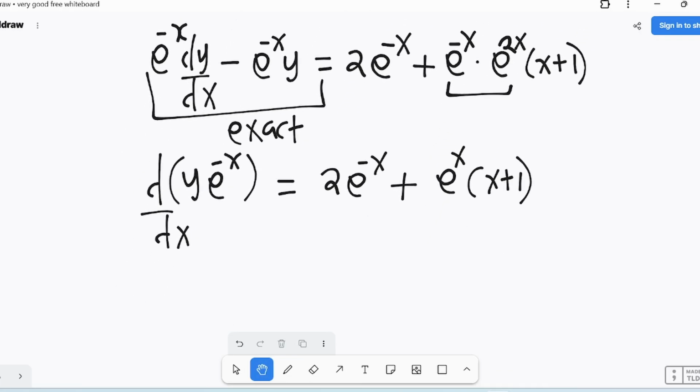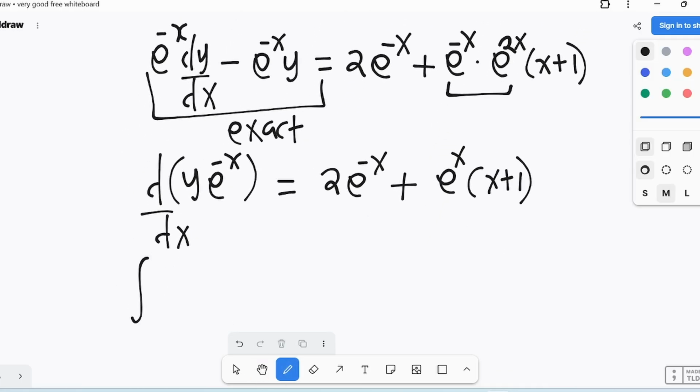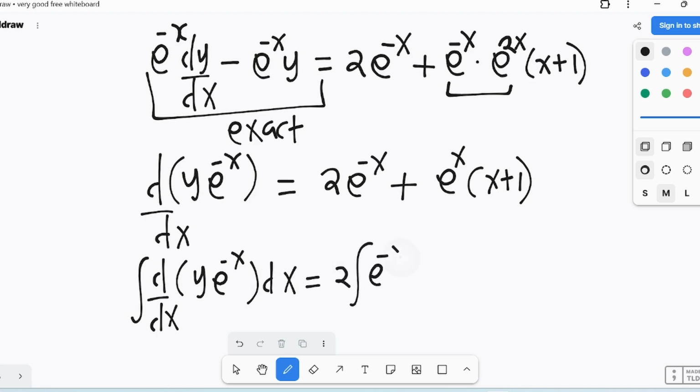When you integrate everything, the integral of the derivative with respect to x of y e^(-x) dx is equal to the integral of 2e^(-x) dx plus the integral of e^x (x + 1) dx.